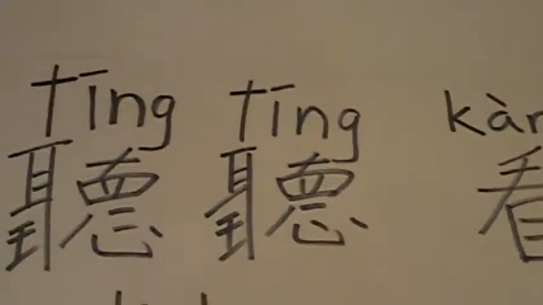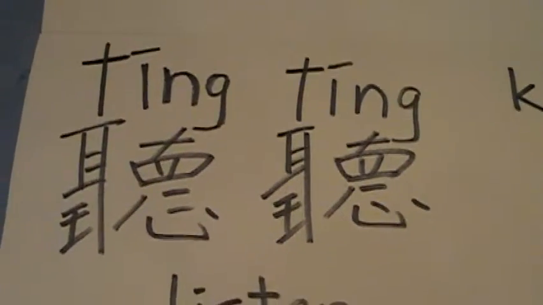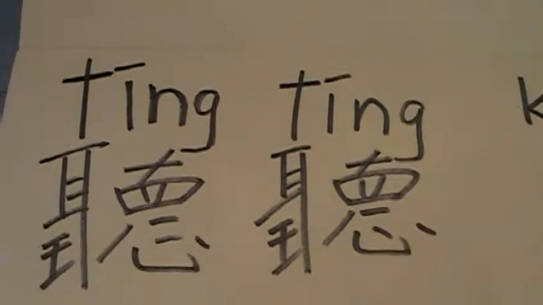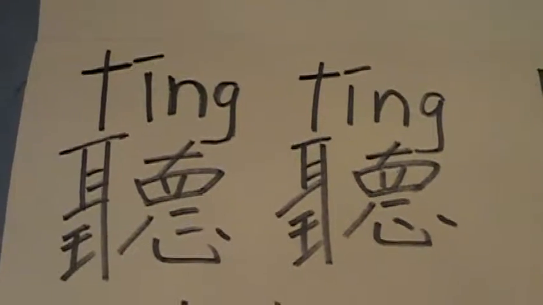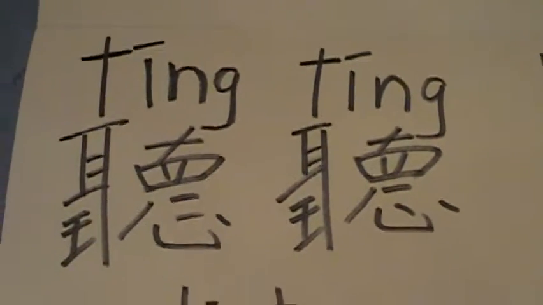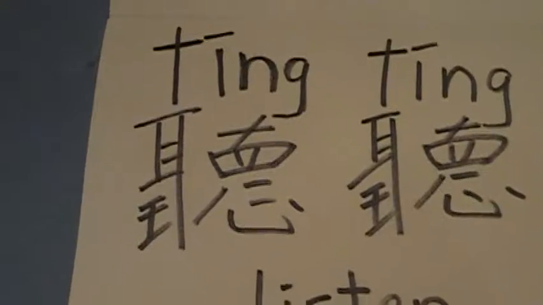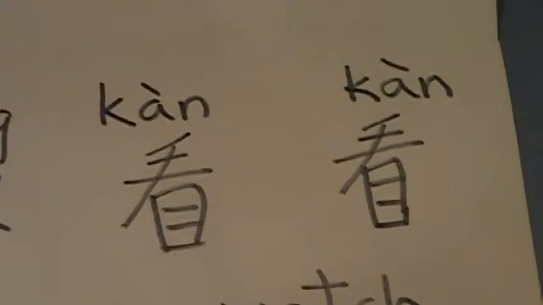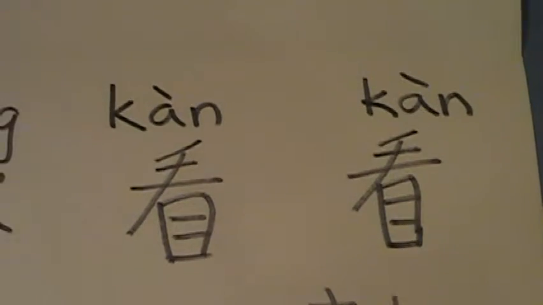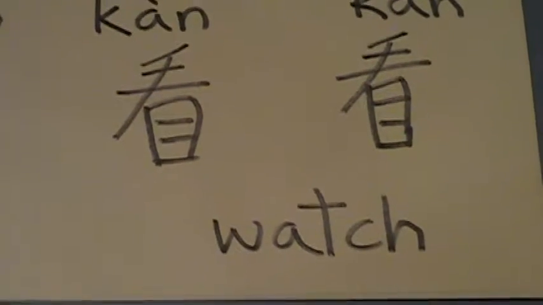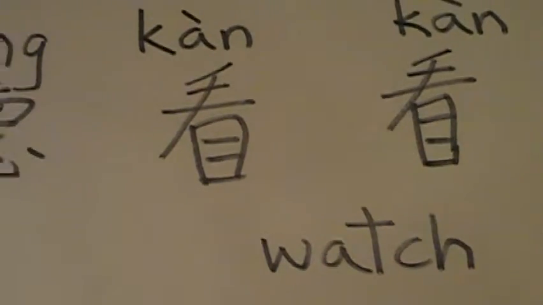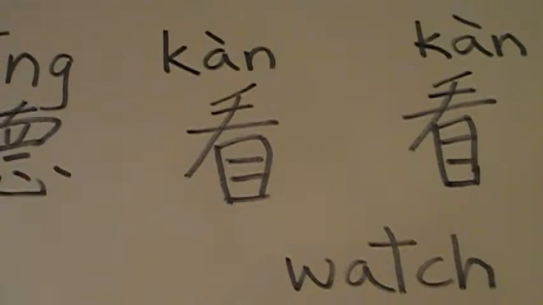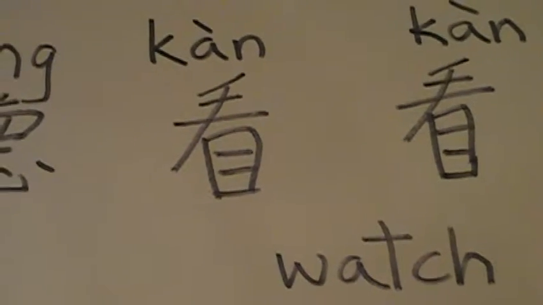Other verbs in Chinese include two of the same words used consecutively. In this one, 听听, which means listen. Alone, 听 means listen. And 看看, both of the fourth tone, watch. Similarly to 听, 看 by itself means to watch as well.